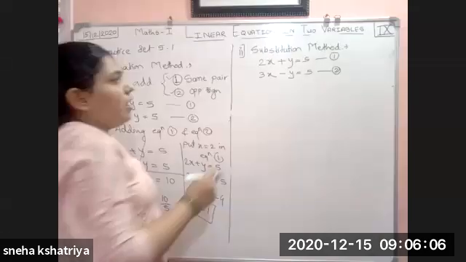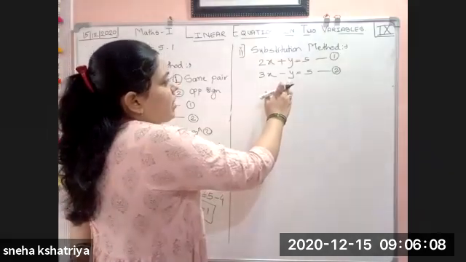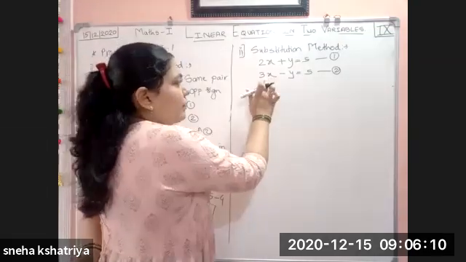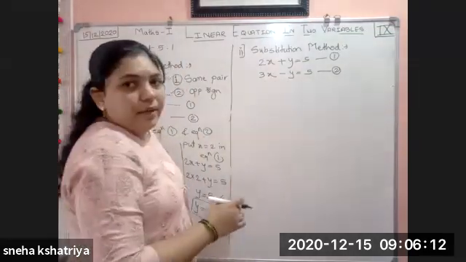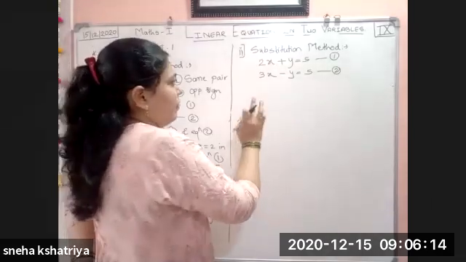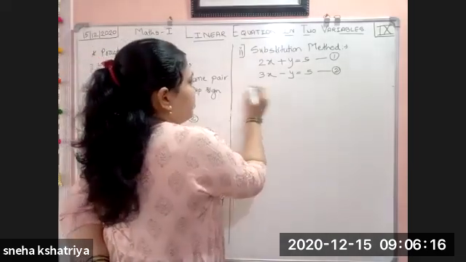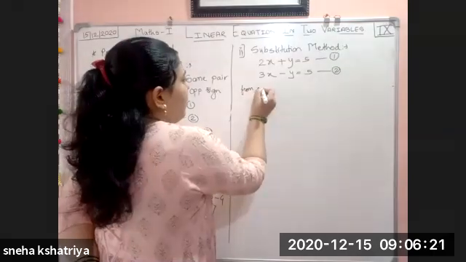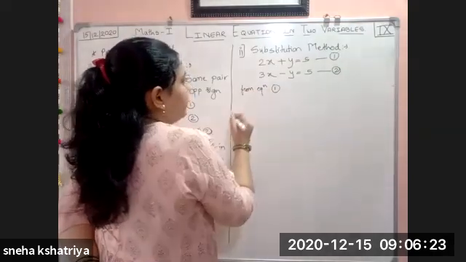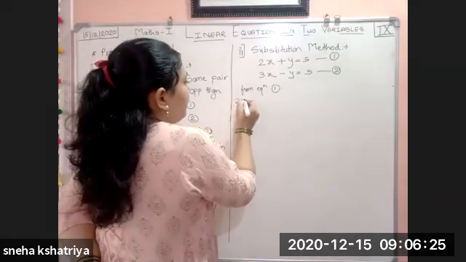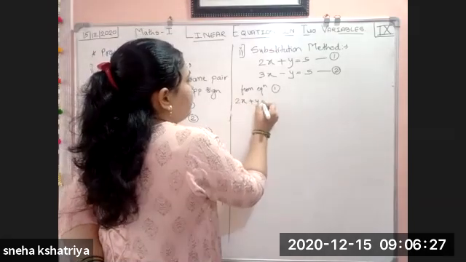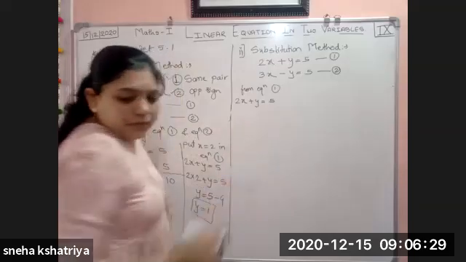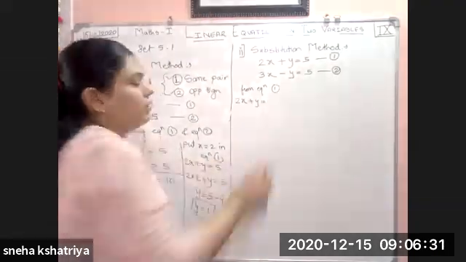Now see here, either we can find the value of x or we can find the value of y, whichever we want. From equation 1, I will solve this example also in two ways. So equation number 1 is 2x plus y is equal to 5.